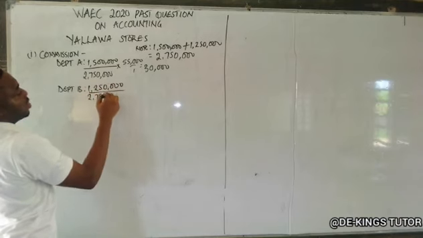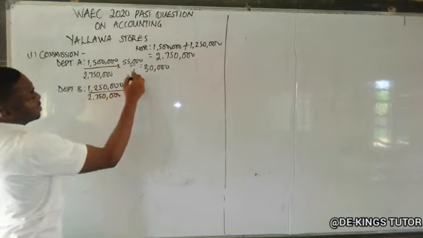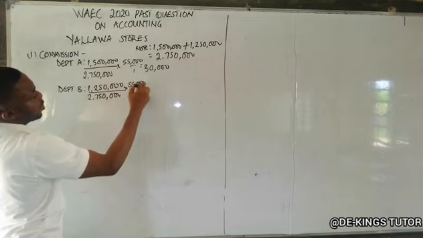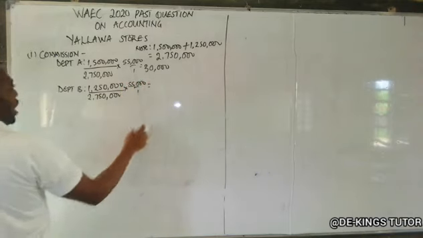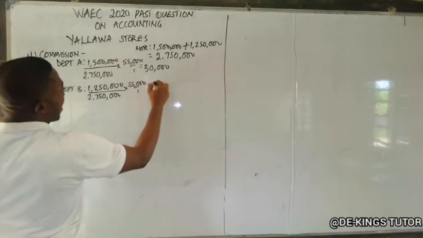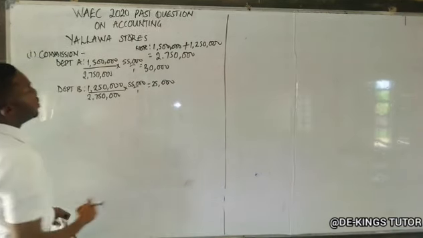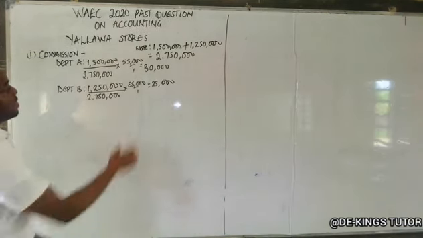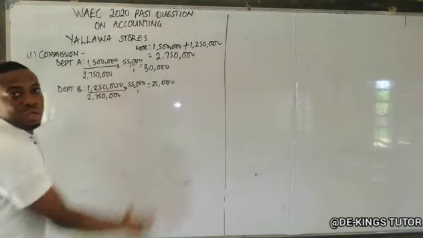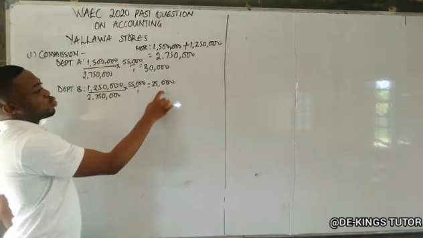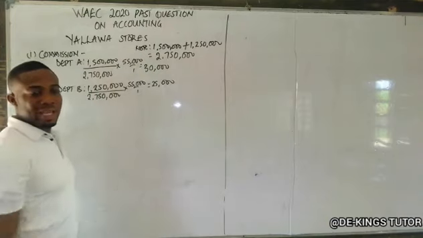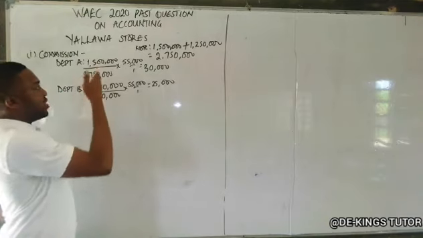So we'll have 25,000. That's for commission, Department A and Department B. When you add these two, you should have the total amount of that expenditure. This is just to divide it to the different departments. So that's for commission. The next one is for salaries.